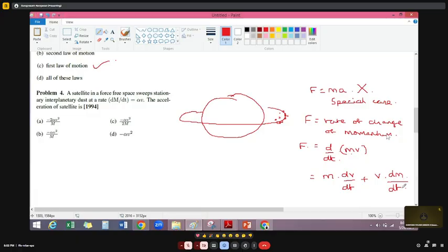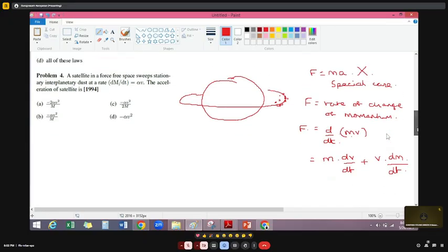Most of the time we forget about this term, and the reason for that is mass is generally constant in all our usual workings, right? Mass is constant, so that's why dv by dt becomes acceleration, and we kind of ignore this. However, this is not the case in special situations, like for example a rocket. As the rocket is going out of the earth, right?